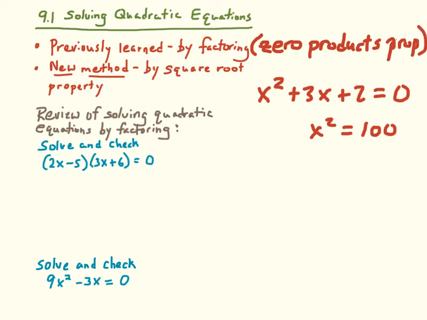So we're just going to set each of these items that's being multiplied here equal to 0, since one of them has to equal 0. So I'll go 2x minus 5 equals 0, or 3x plus 6 equals 0.